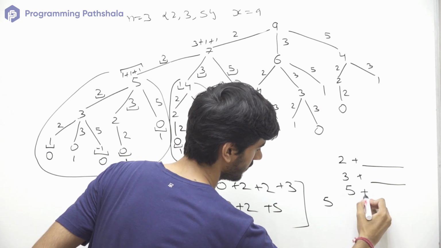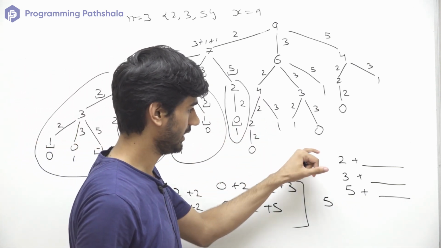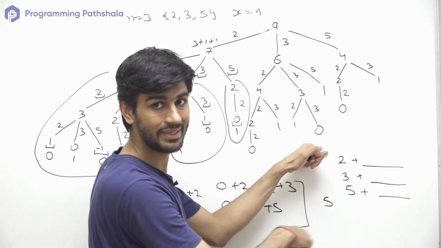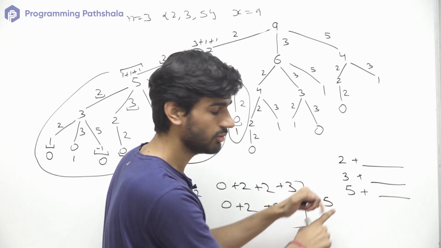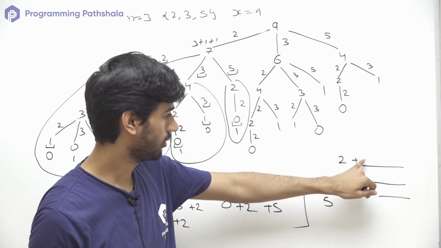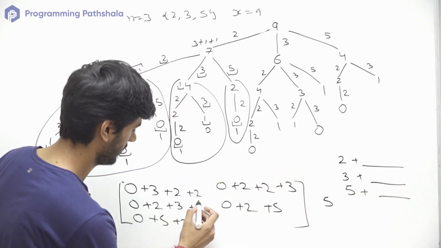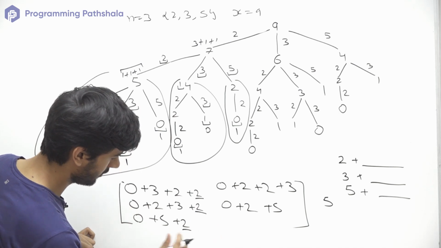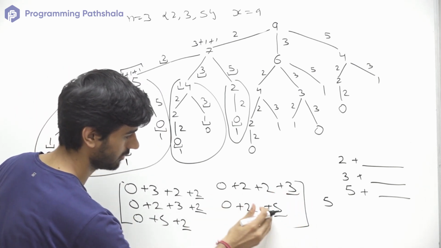Okay, now can we say that all the ways that start with the value 2 will be different than all the ways that start with value 3 or with value 5, right? Even if we do not look at what we will get after this, we can say that they will be distinct, just like here. All these ways start with the value 2, all these ways start with value 3, and all these ways start with value 5.